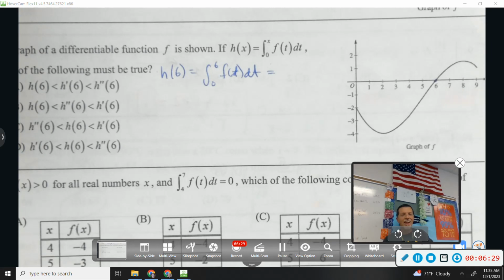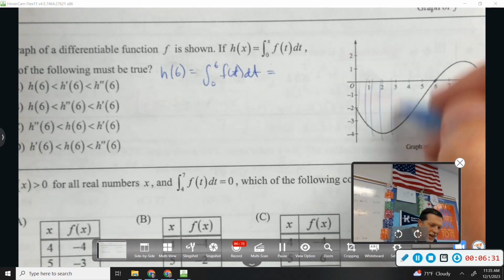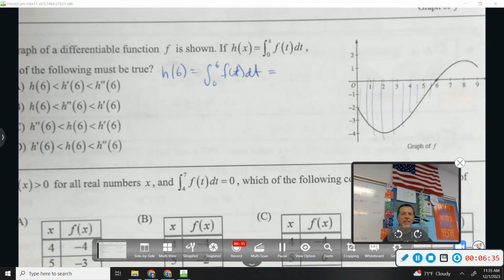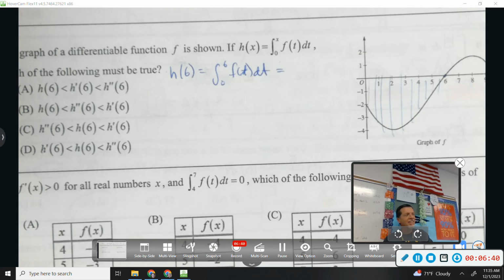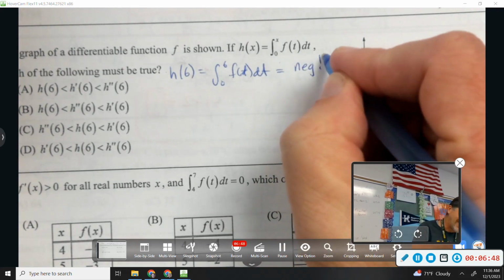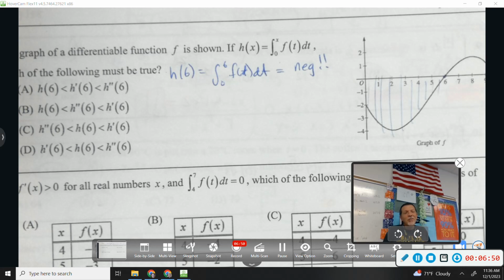As in, right, it's this area, but I don't know what that is, and I don't have an equation to integrate. Is there any conclusions you could make about that area? It's negative. That's all I know, so I hope that's enough.